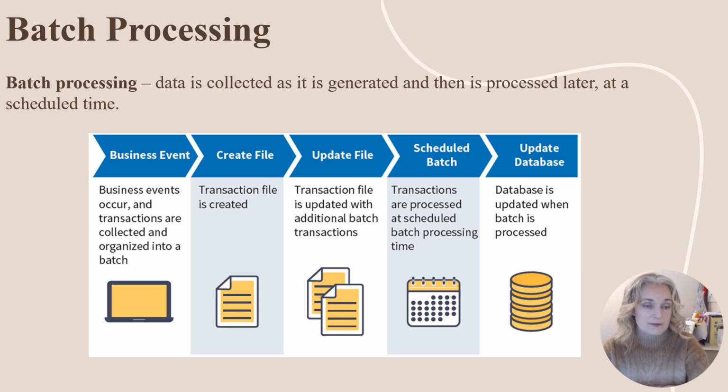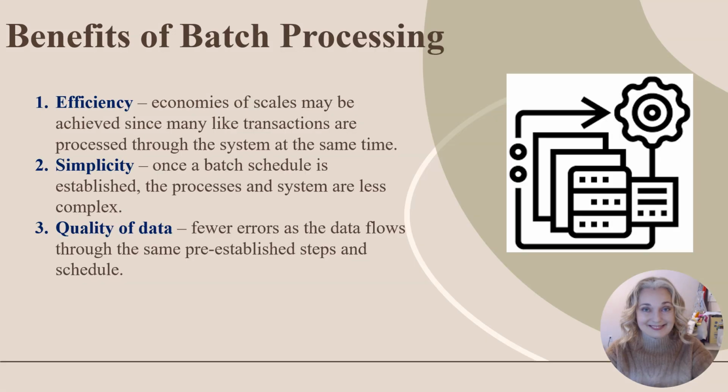The business event occurs and transactions are collected and organized into a batch. This batch creates a file, and this file is updated with additional transactions, and at a scheduled time we have the batch updating the database. So for example, end of day, like I said.